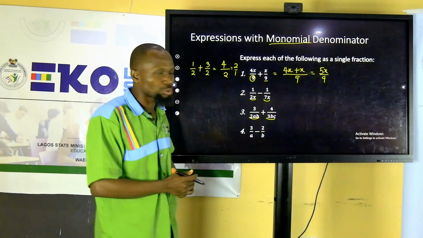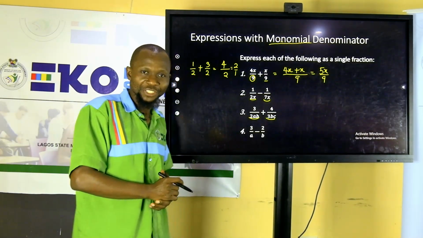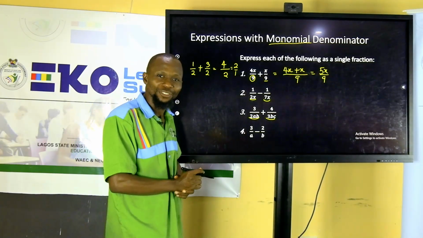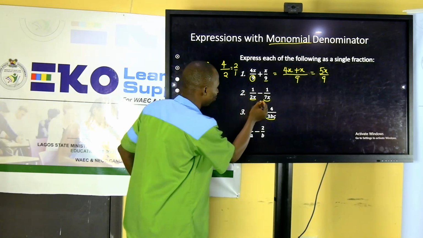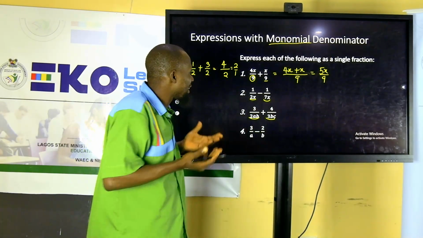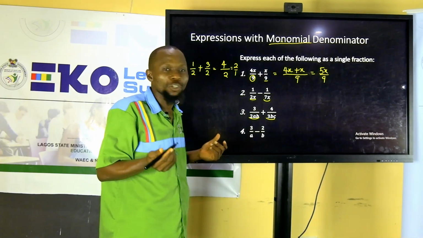Now let's look at number 2. What do we have here? We have 1 over 2x minus 1 over 7x. So what do you observe? The denominators here, they are not the same. This is 2x. This is 7x. From our knowledge of algebra, just think of x as a particular number. Yes, it could be 2, it could be 3, it could be 4.